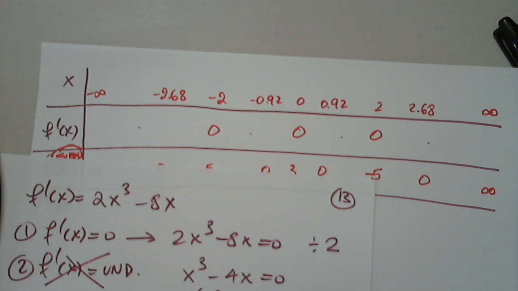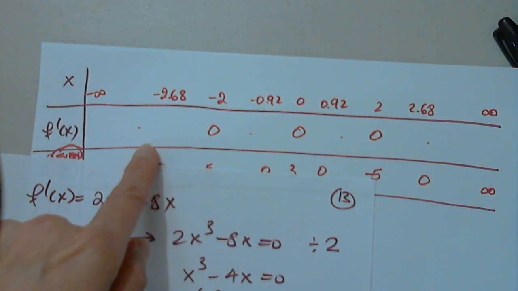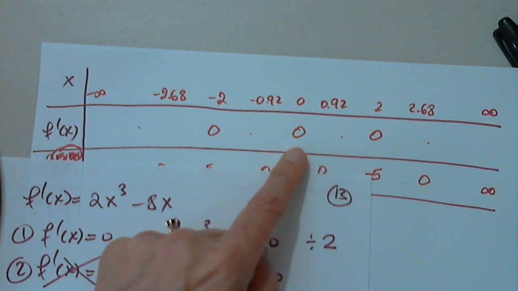All I do is plug in the derivative a number to the left of -2, like let's say -4, a number between -2 and 0, like let's say -1. They have to be the same, but let's do it because it's even, right?